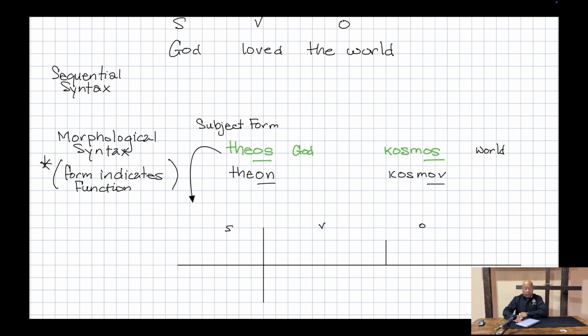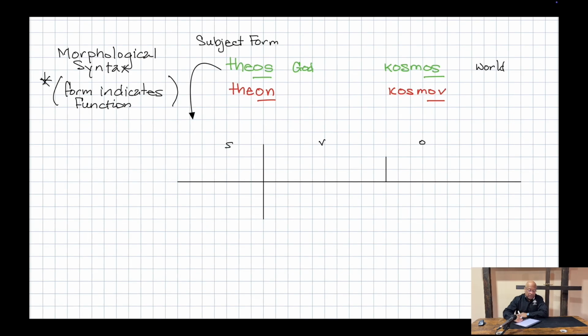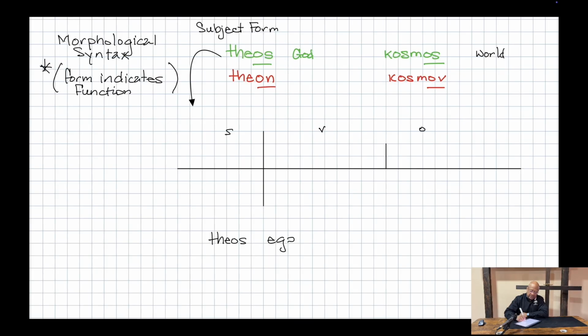So if I wanted to say, God loved the world in Greek, I would start with theos, then agapesin, and then cosmon.